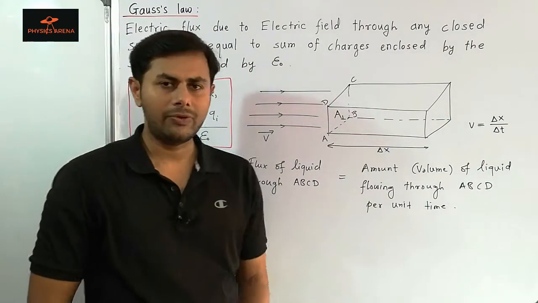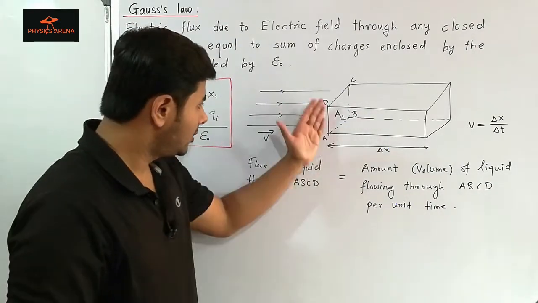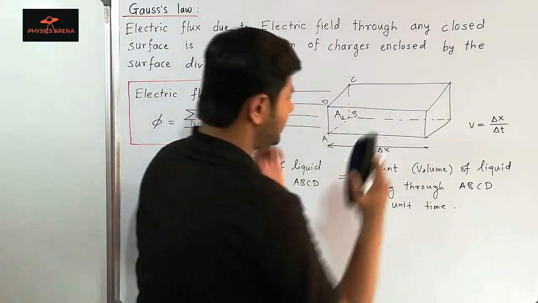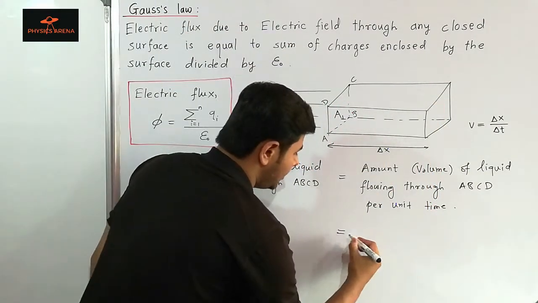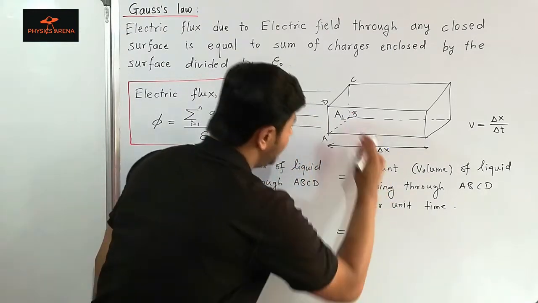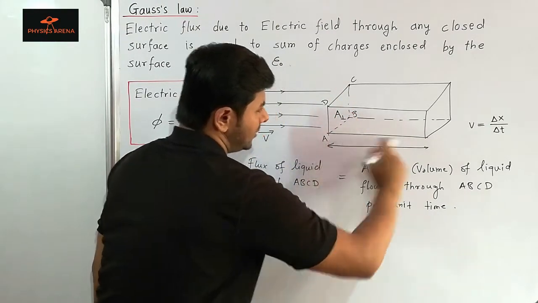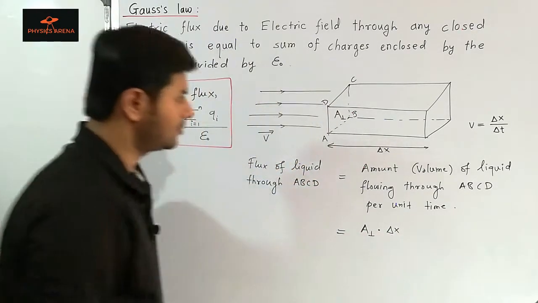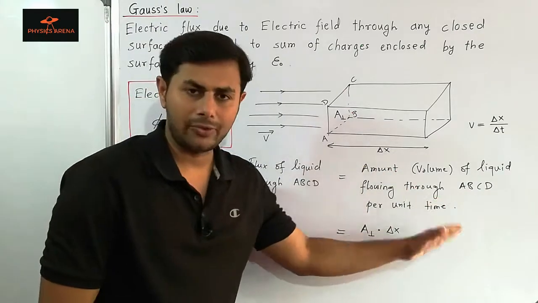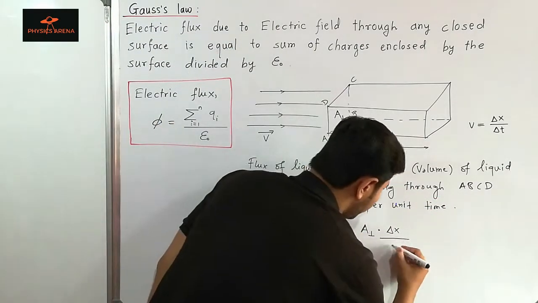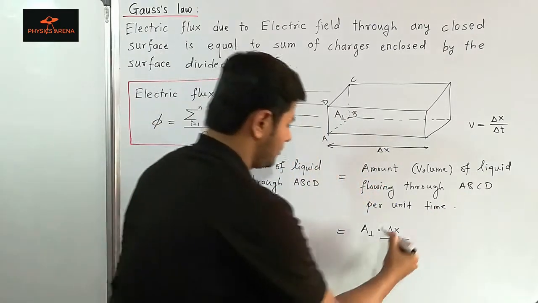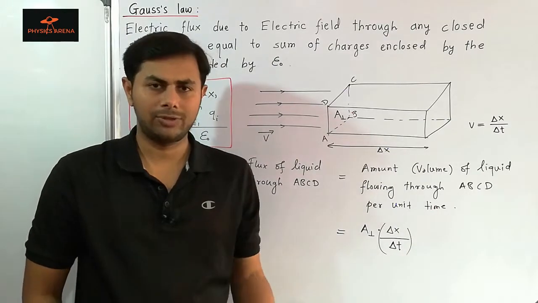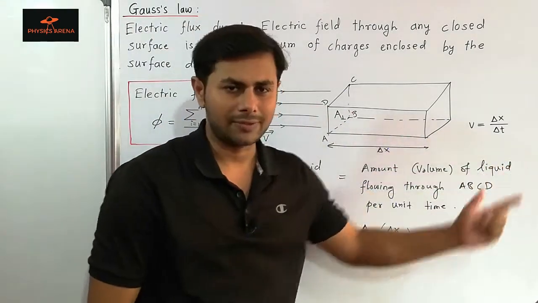Then the volume of this fluid flowing through this surface is equal to the volume contained in this much region, and clearly that should be equal to the area of the surface multiplied by this length. So it is A perpendicular multiplied by delta x, and we want volume per unit time, so we should divide by time, and then delta x divided by delta t gives us the magnitude of velocity.